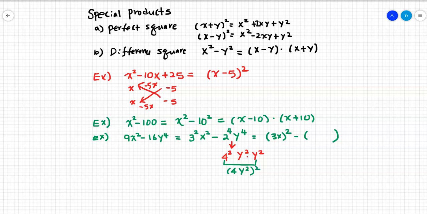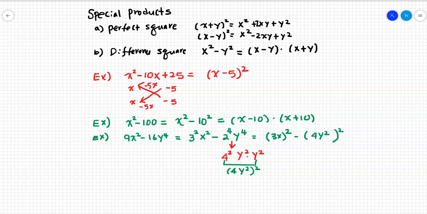And by the power rule of exponents, this square outside is going to be applied to both 4 and y squared. So if you multiply them, you get 4 squared, and you get y to the 4. Right? So that's pretty good. So now we have 4y squared, squared.